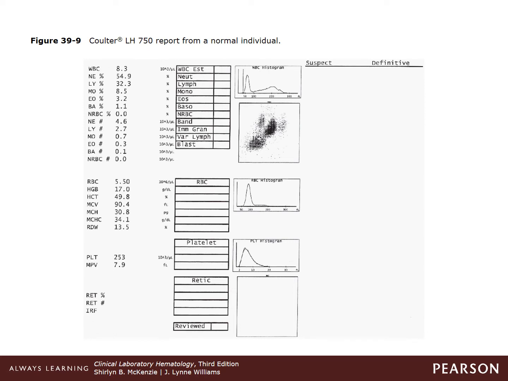So the equation for that, for example, your neutrophil relative value would be turned into a decimal, so 0.549 multiplied by the total white blood cell count of 8.3 will give you a neutrophil absolute value of 4.6. Now these values will tell us what's going on with the patient condition, and that will help the physician when we're talking about treatment.